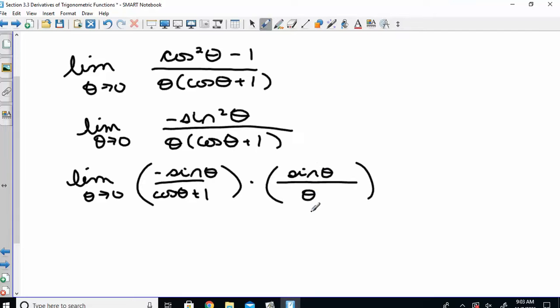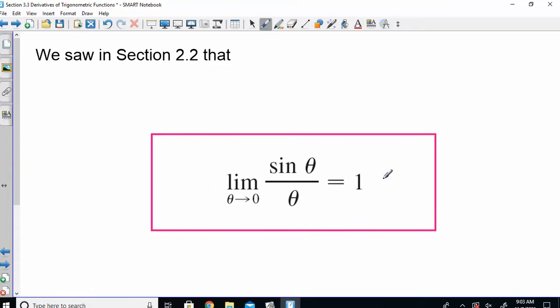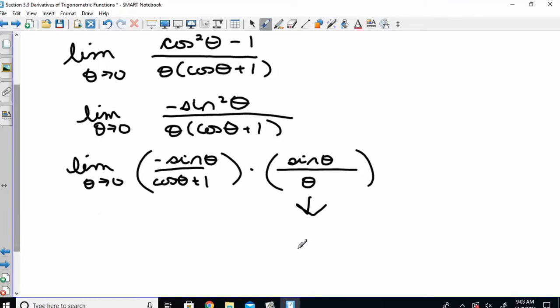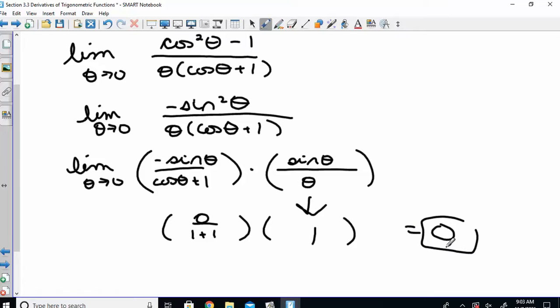Then, as theta approaches 0, what does sine theta over theta turn into? 1. That's the thing that we were able to accept as fact before. And this, we could evaluate. Sine of 0 is 0, cosine of 0 is 1. So I get 0 times 1, which is 0.